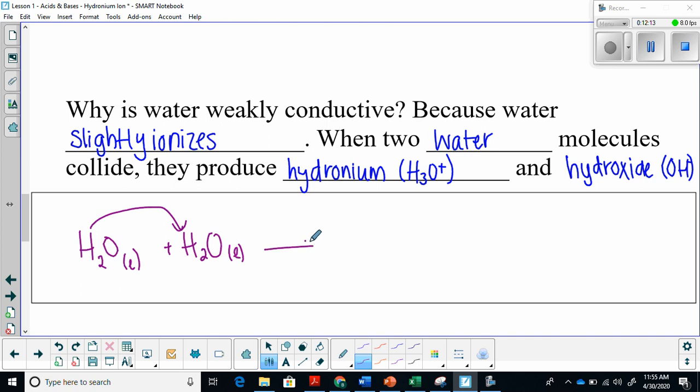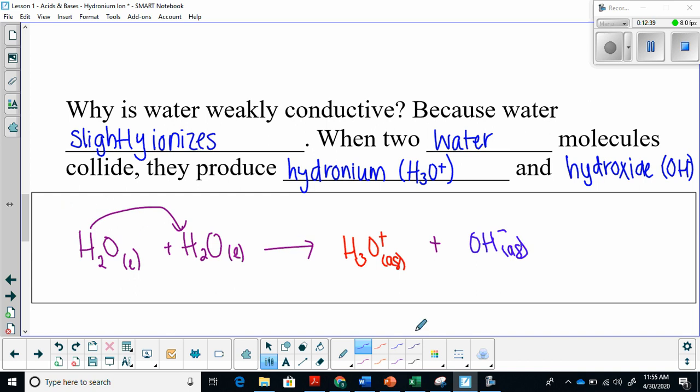And then what happens is it produces hydronium, which is my positive ion, and then it produces hydroxide. So you see that it forms the two ions. And like I said, if something forms ions, it's an electrolyte. It's able to conduct electricity. That's what we learned in the past unit.